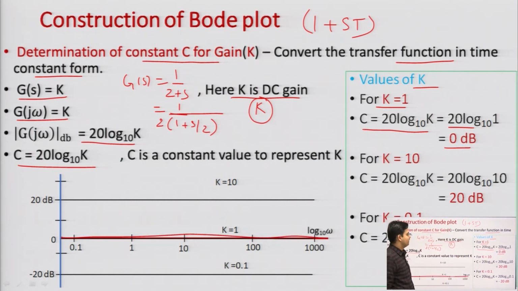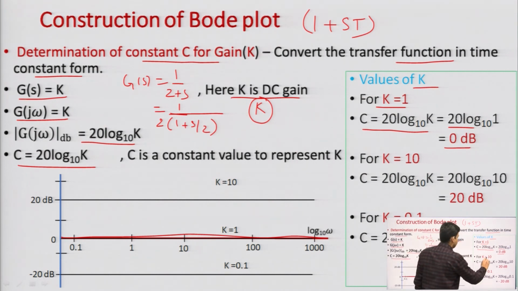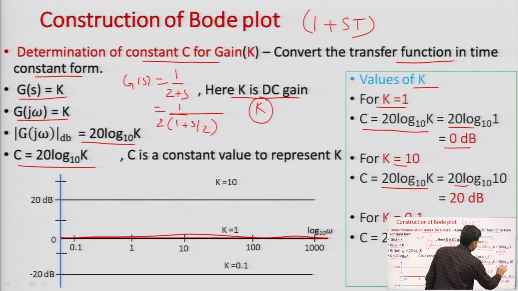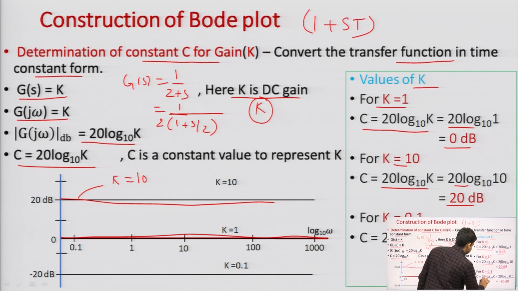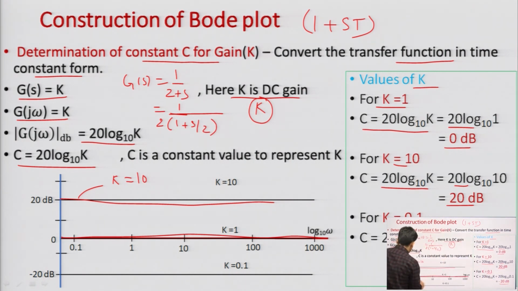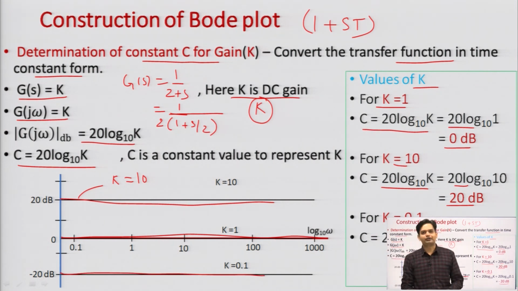This is my value at k equal to 1. If I make k equal to 10, it is 20 log 10, which is equal to 20 dB. It means for k equal to 10, I will make this straight line. For k equal to 0.1, 20 log 0.1 gives minus 20 dB. It means for this case, I will plot this line, for k equal to 0.1.